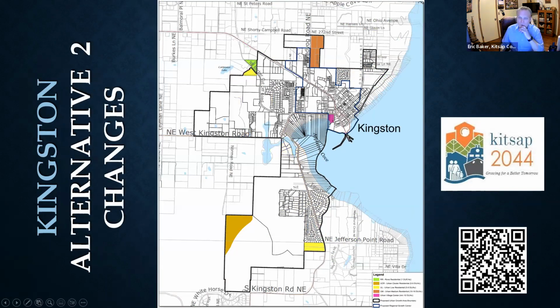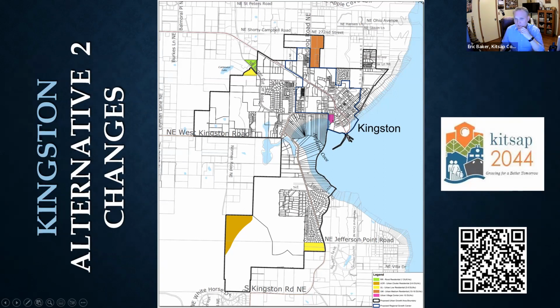Alternative 2, this map only shows the changes that are being proposed. So the urban growth area is being proposed to be expanded in Alternative 2 by adding some land to the south. The portion of the Arborwood development was left out of the UGA. It was always allowed to develop as urban, even though it was in the rural area. So bringing it into the UGA just makes logical sense. It adds additional urban medium, which is multifamily housing, here along Lindvog Road.